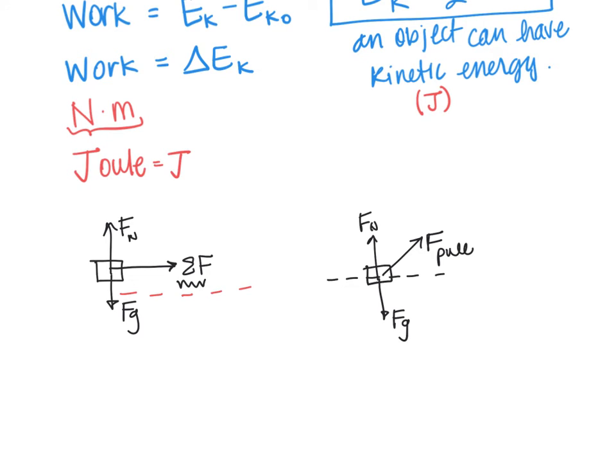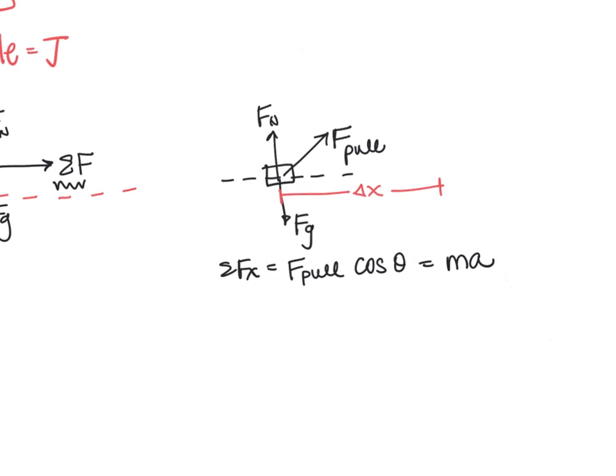Now, as you pull this object along the floor through some change in horizontal position, and we're looking at the sum of the forces in the x direction, this force pull at some angle, so force pull cos theta, would cause the mass to have an acceleration. And so it's actually this component of the force that is causing the acceleration.